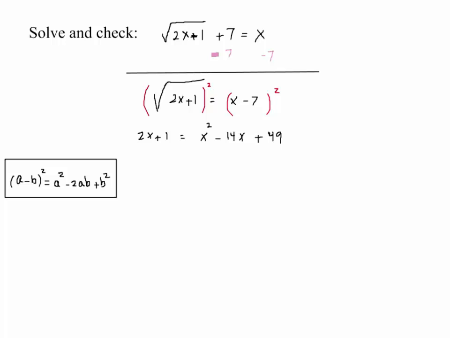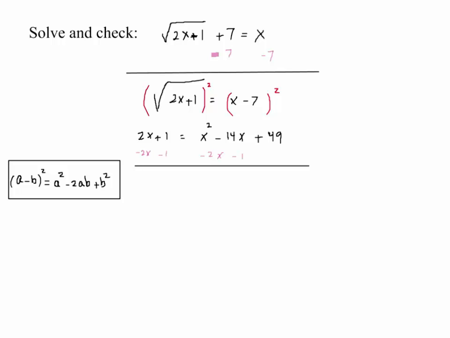Go ahead. I'll subtract the 1 first to the right side. So, right. Actually, we can subtract both of those. Subtract 2x and 1 from both sides, so everything goes to the right. Let's do that.